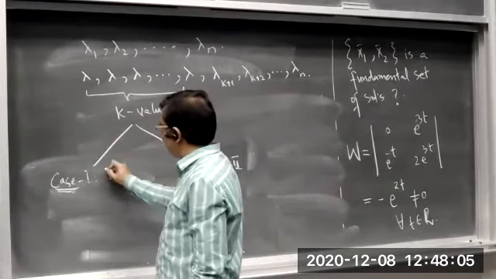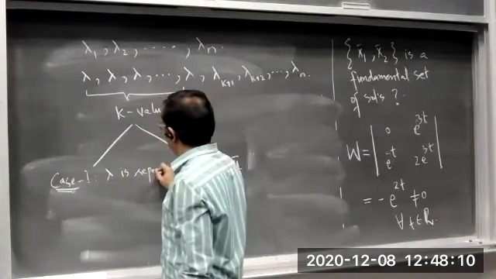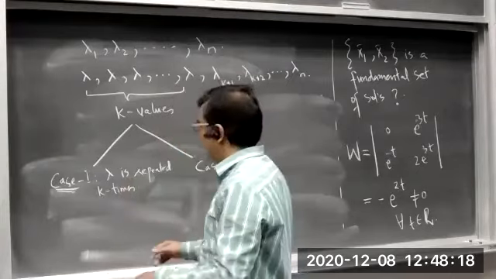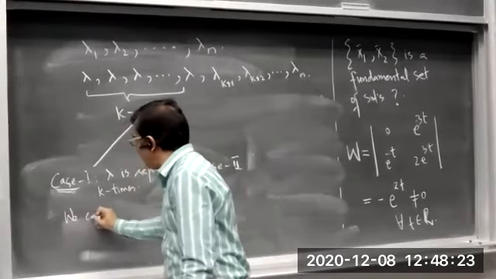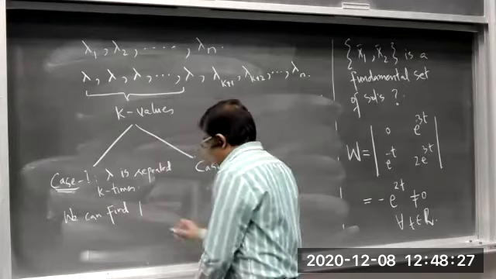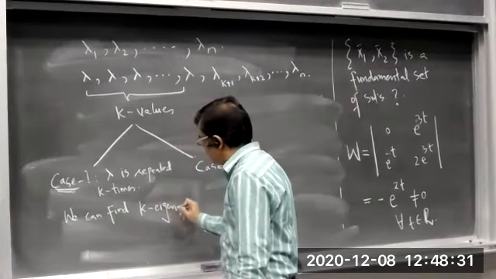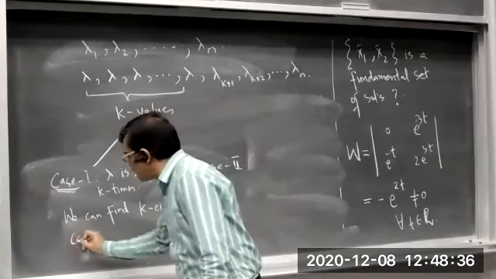Case 1 is lambda is repeated k times, and we can find k eigenvectors corresponding to one eigenvalue.